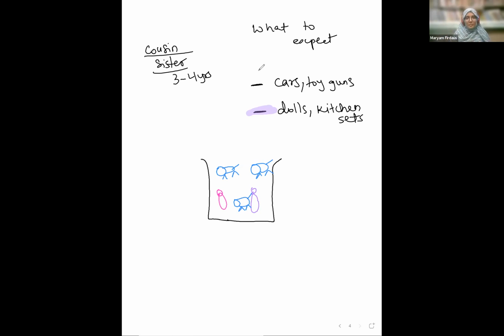Is it more probable that you will take out an animal figure, a toy animal, or is it more probable that you will take out a doll? The animal figure. Why? Because it is on the top. Okay.